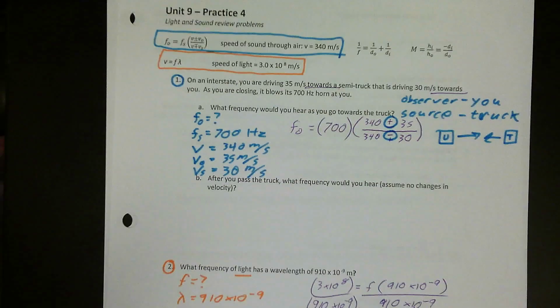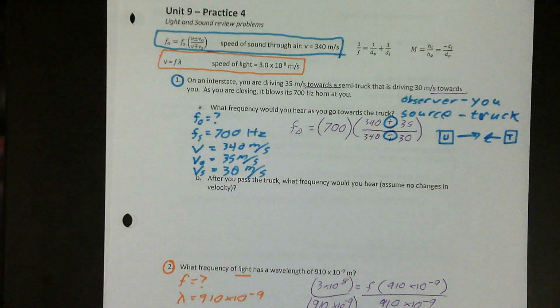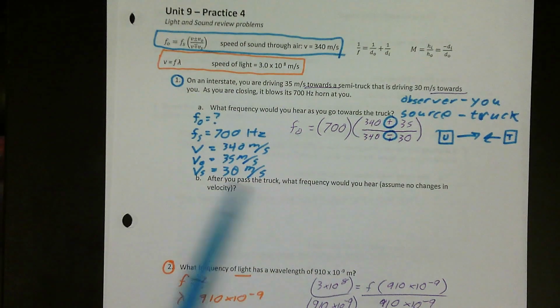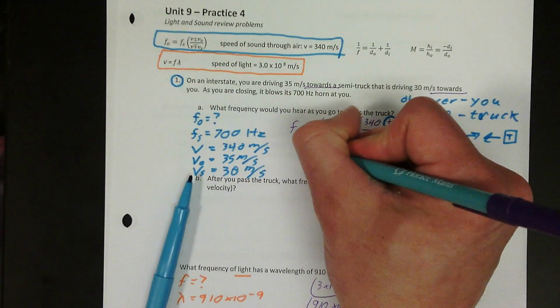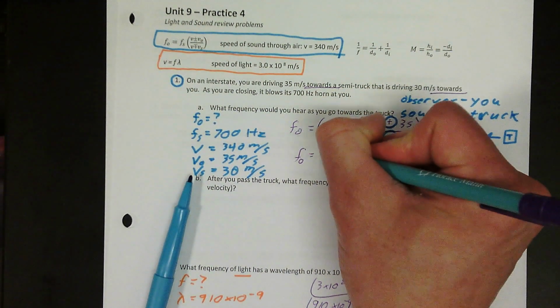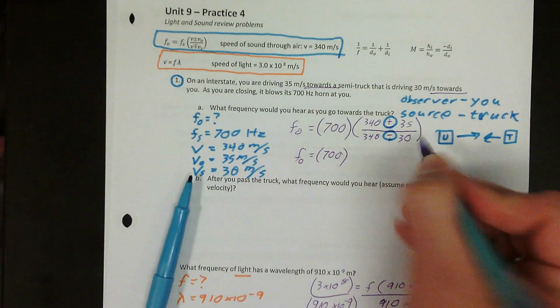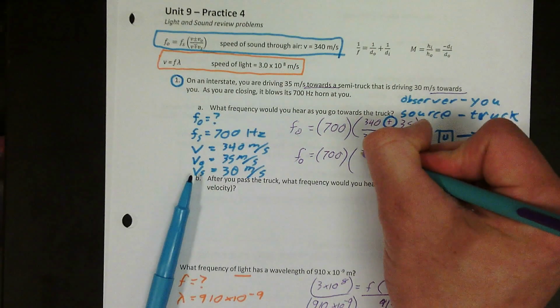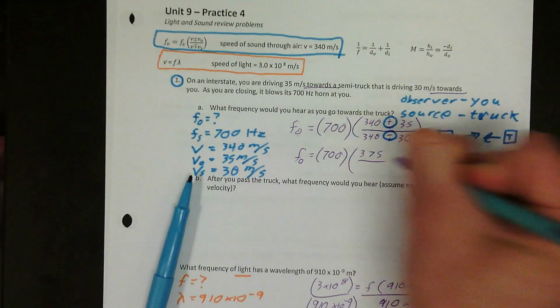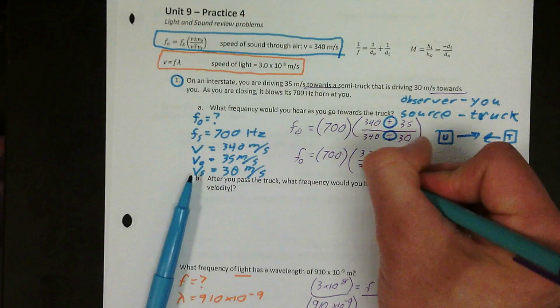Notice, his top sign is minus, so don't assume towards is plus, because it isn't always. This is an example. Then I like to rewrite it. So FO equals 700 times 340 plus 35, which is 375, over 340 minus 30, which is 310.